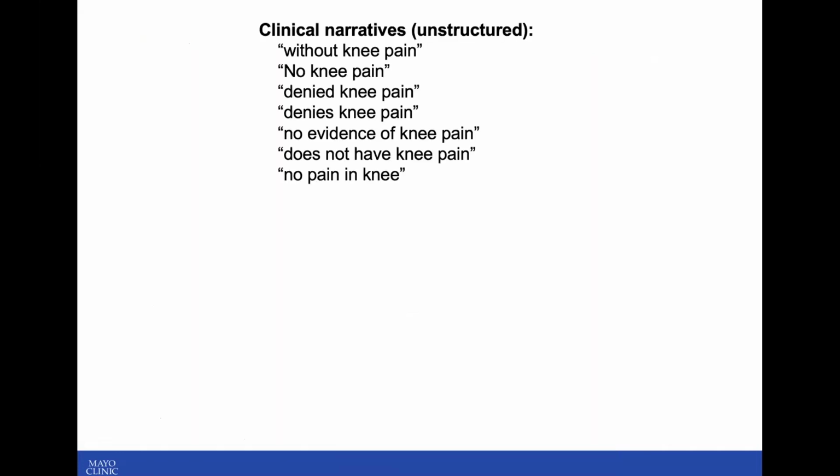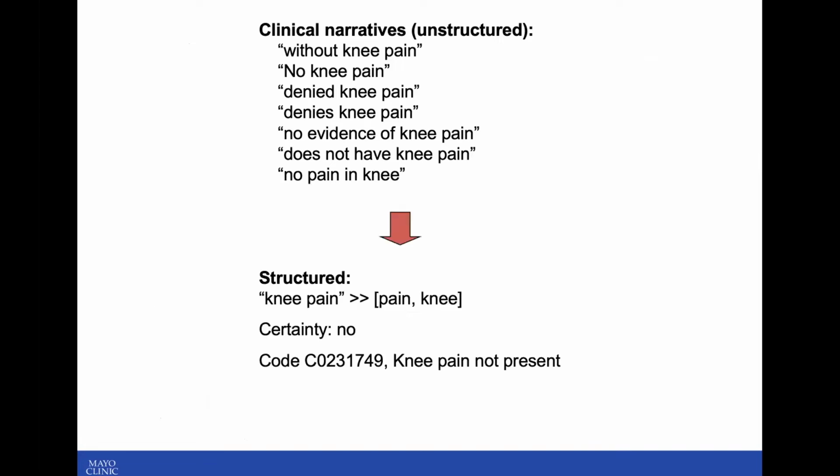Then what do I mean by converting from unstructured data to structured data? Here is one example. If you look at a clinical narrative, such as a clinical note, we can see the expressions: without knee pain, no knee pain, denied knee pain, and so on. There are many expressions. The same concept, but different patterns and vocabularies, but this all means the same concept.